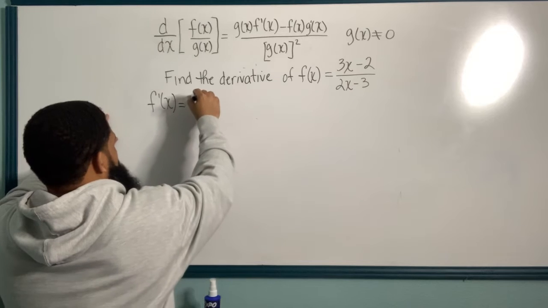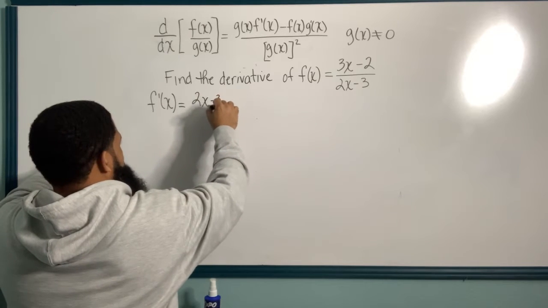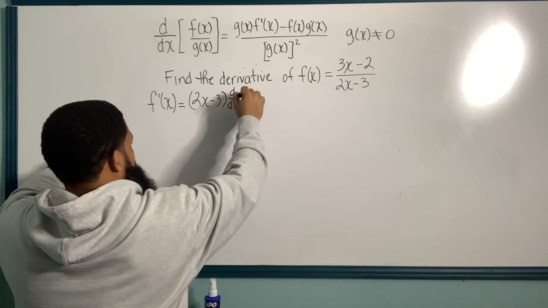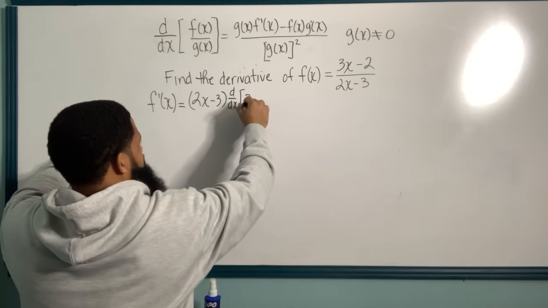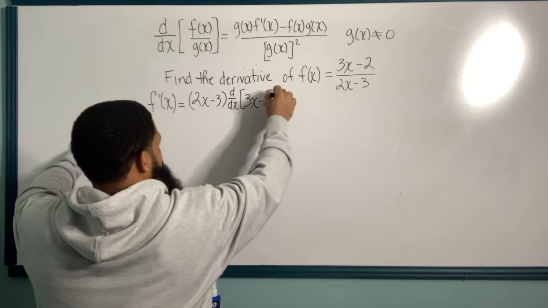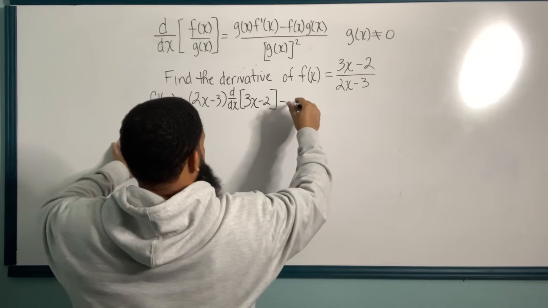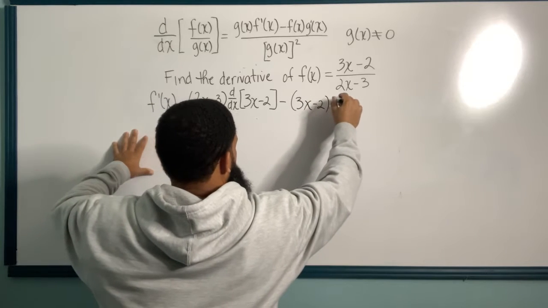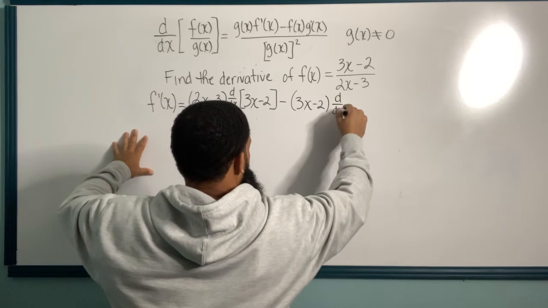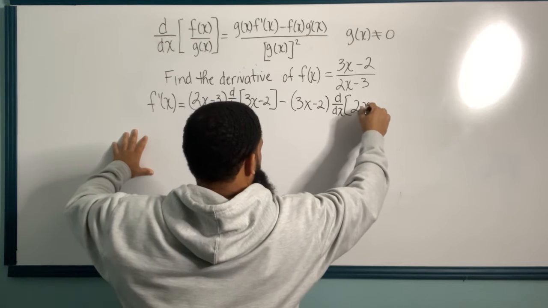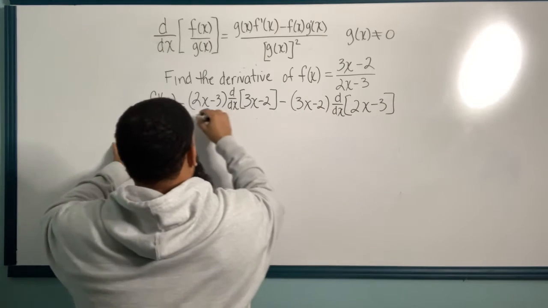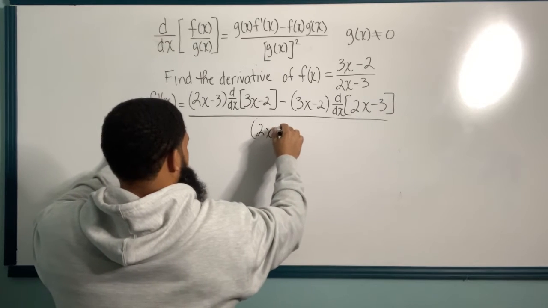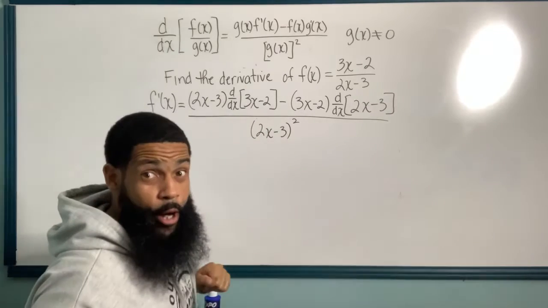G of x, so 2x minus 3 times the derivative of 3x minus 2, minus 3x minus 2 times the derivative of 2x minus 3. All of that is going to be over 2x minus 3 squared.